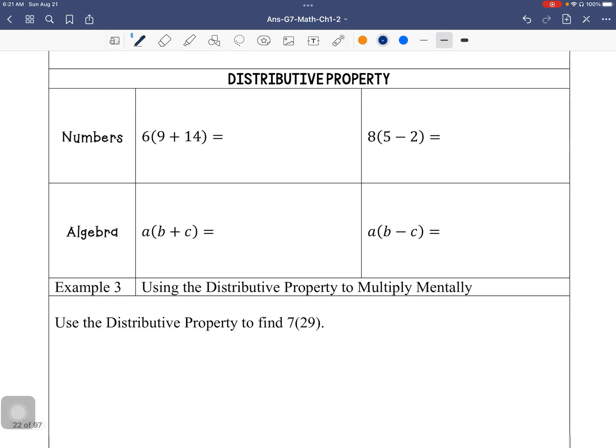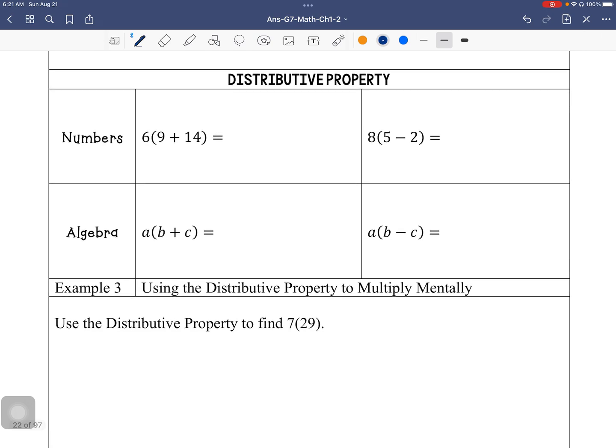So then I want to talk about distributive properties. Distributive property is very important here. For numbers, 6 times parenthesis, the thing outside will multiply by inside. Addition stays the same. So 6 times 9, and then 6 times 14.